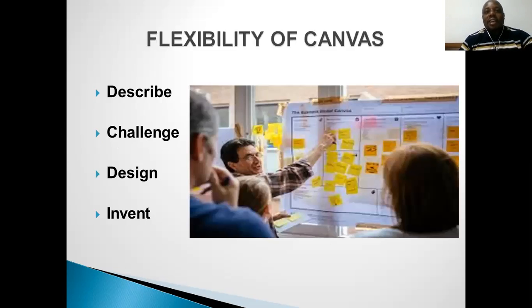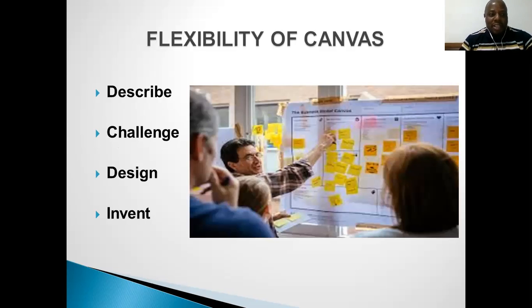Another slide is the flexibility of the canvas. It's very flexible because we can describe the existing business model. We can challenge a business model. We can design a business model.